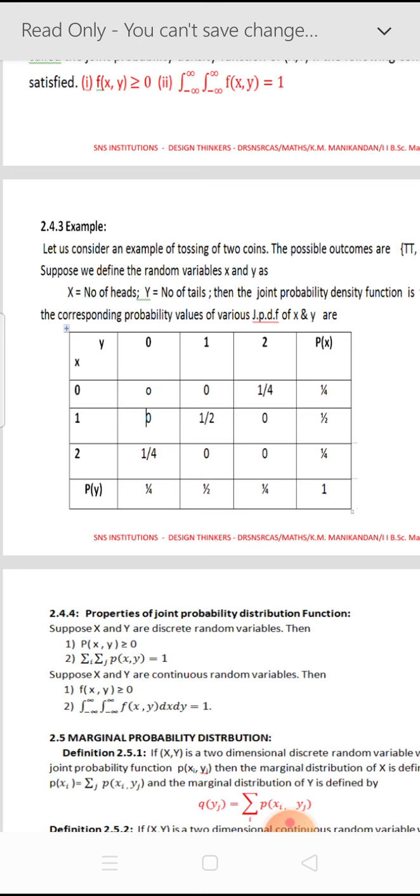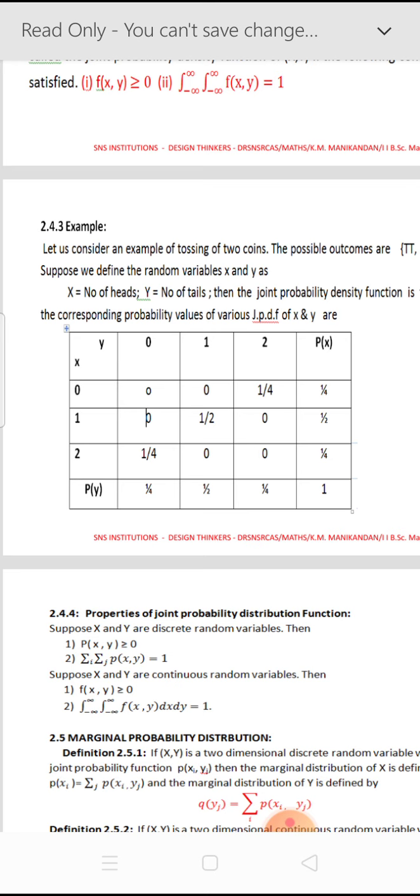Similarly, the probability of getting one head and one tail is 1/2, because either the first toss is head and the second is tail, or the first is tail and the second is head.